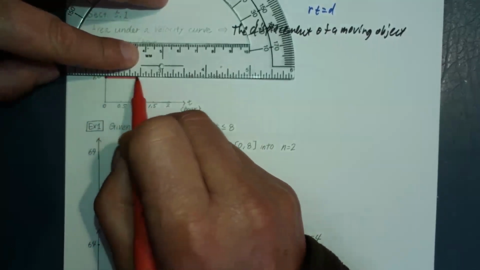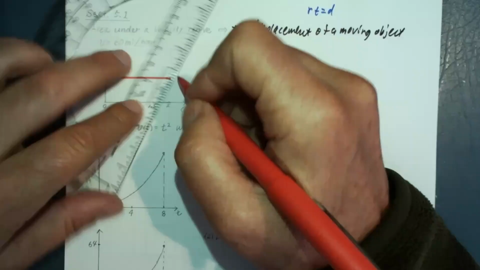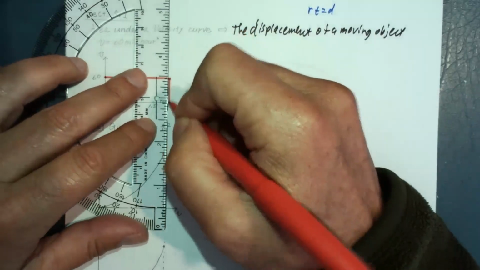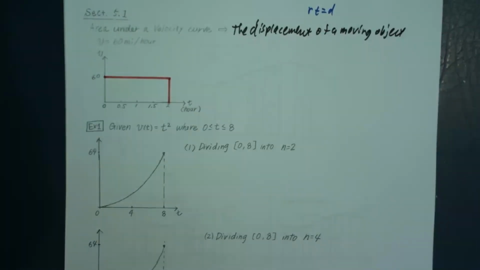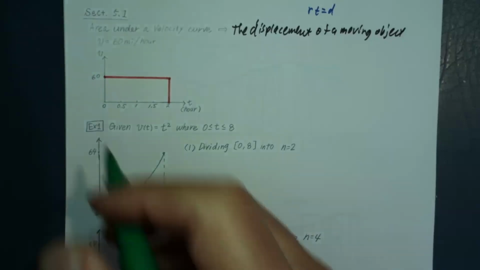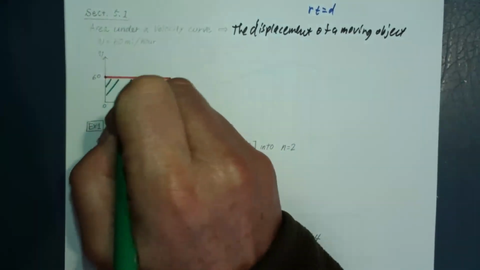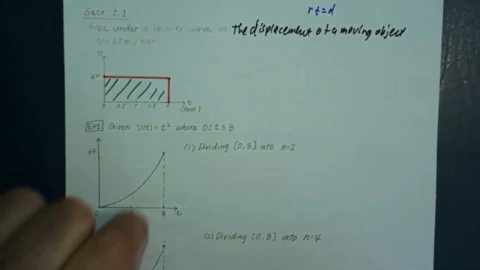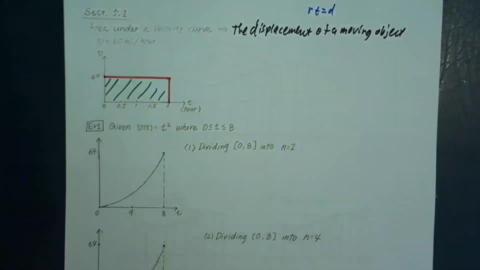So if we do here, then what we have is this area, and we've gone for 2 hours. So how far did we go? Well, we know how to find the area of a rectangle.